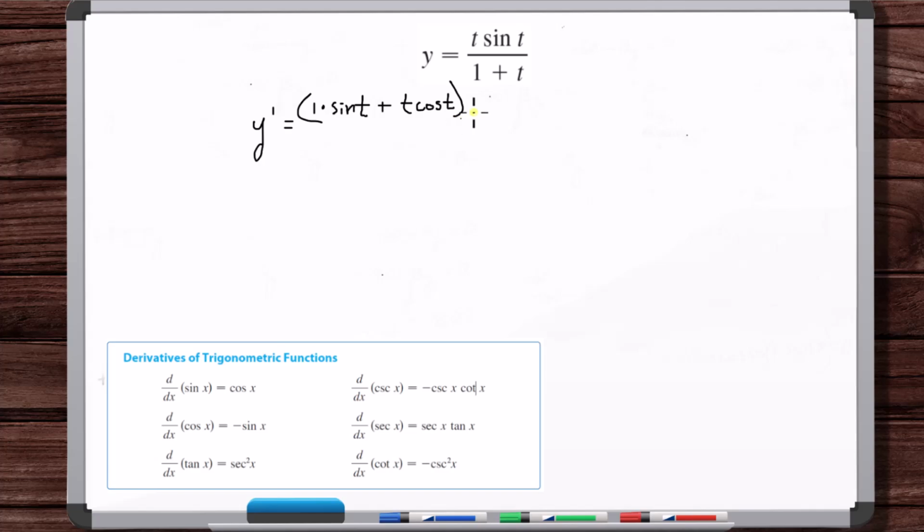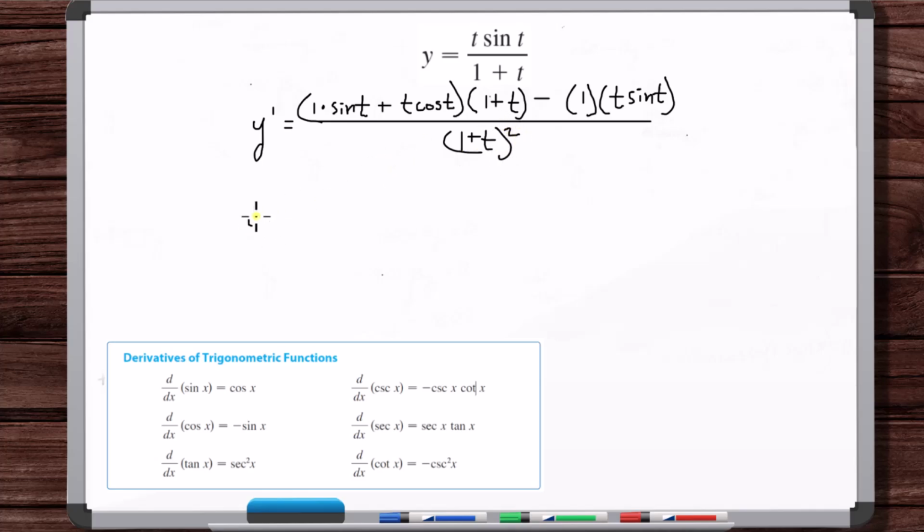Okay, so that's the derivative of the top, times the bottom, minus the derivative of the bottom, which is just 1, times the top, all over the bottom squared. So that's the derivative.